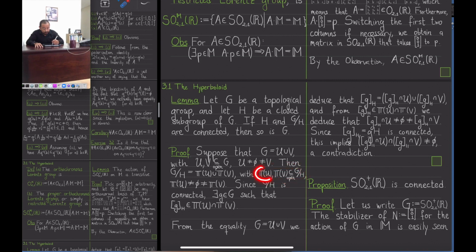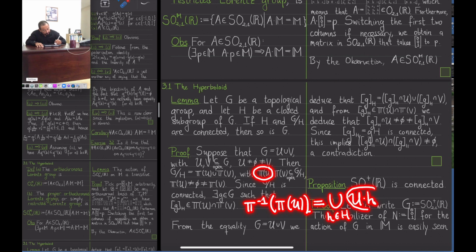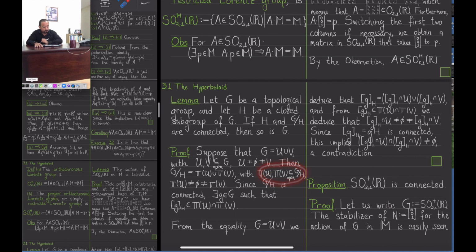Because, for instance, consider pi of U. Pi inverse of pi of U is open in G because it is the union over all h in H of U times h. And each of these is open because U is open and G is a topological group, right? So this one is open. So these two sets are open. They are not empty, of course, because U and V were not empty.